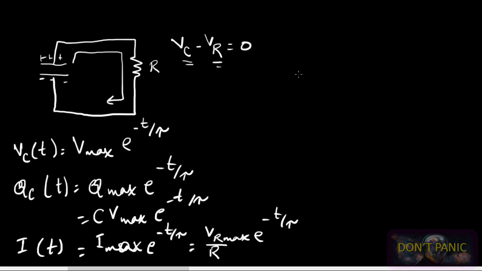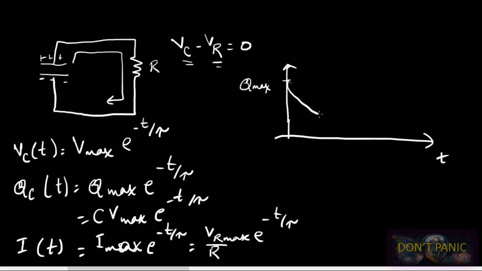If you were plotting the charge, voltage, and current as a function of time, then you're going to have some maximum charge across the capacitor, and then the charge is going to go down until there is no charge on the capacitor.